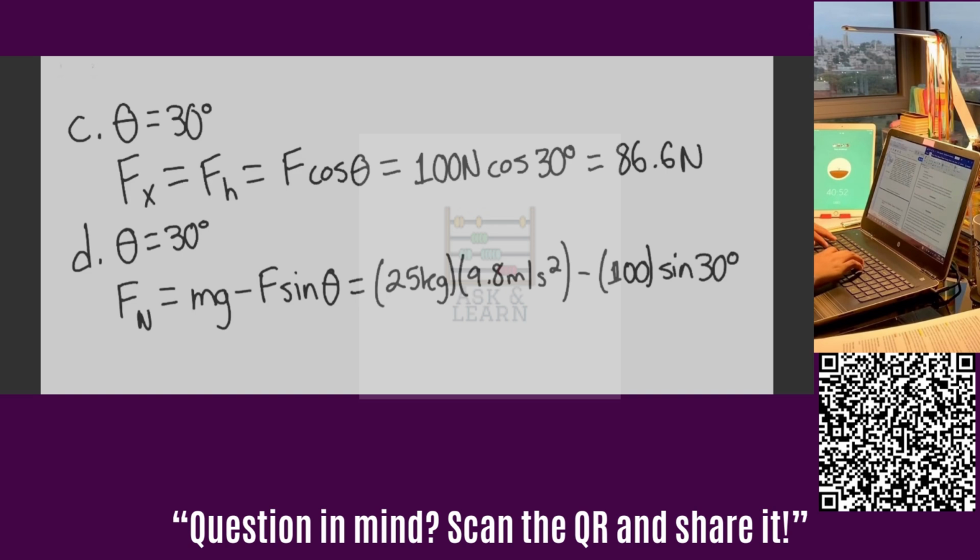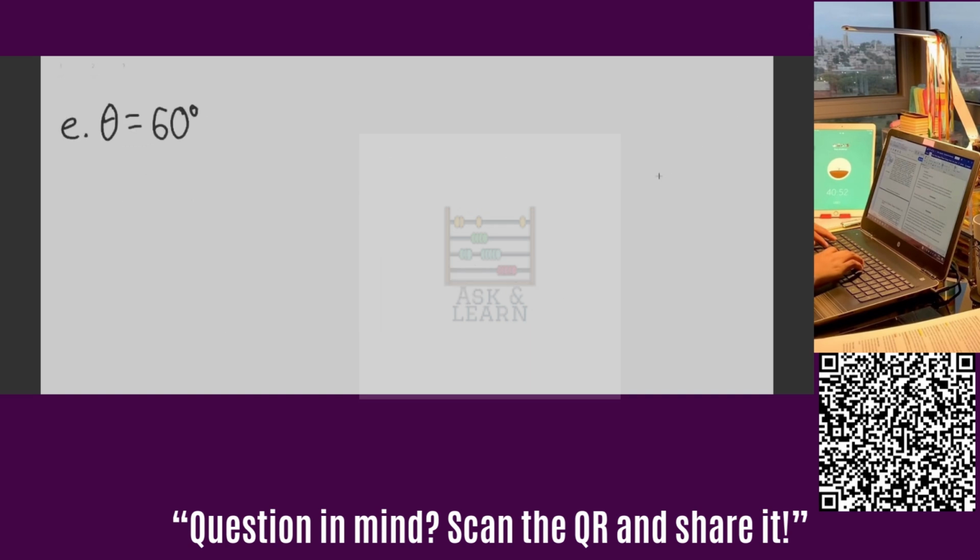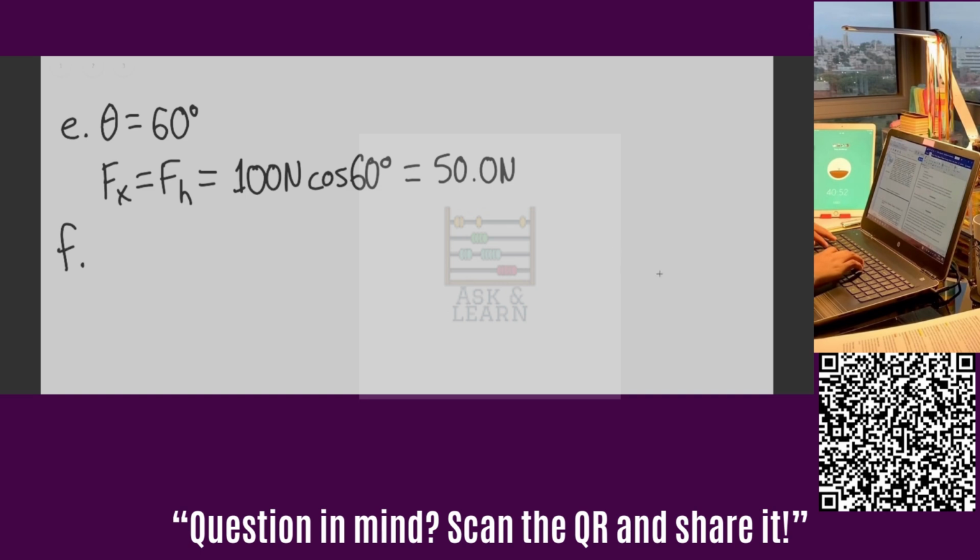For part E now, theta equals 60 degrees. And we can say that the horizontal component, which would equal F sub x equaling F sub h, is equaling 100 newtons, again, times cosine of 60 degrees. This is equaling essentially 50.0 newtons, given that cosine of 60 is 1/2. And for part F, the force normal would be equal to mg minus F sine of theta.